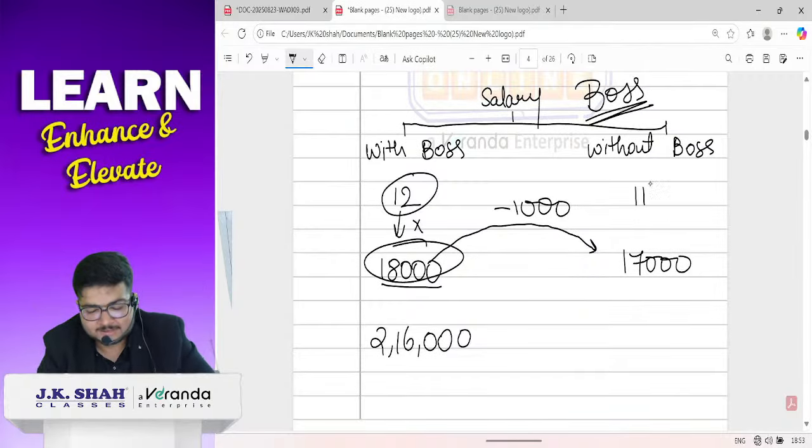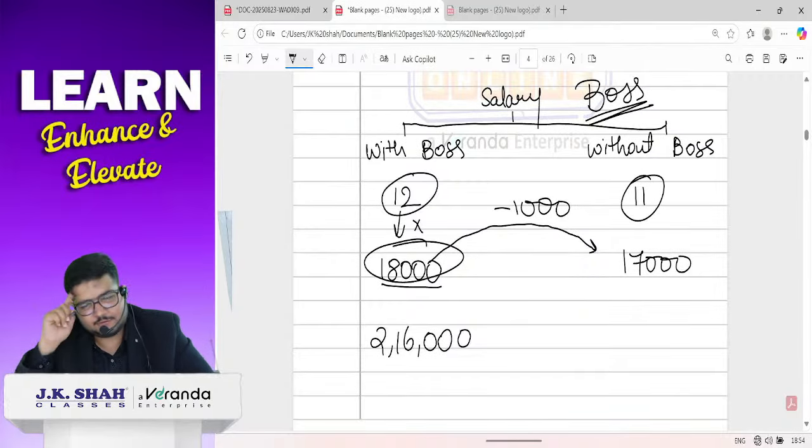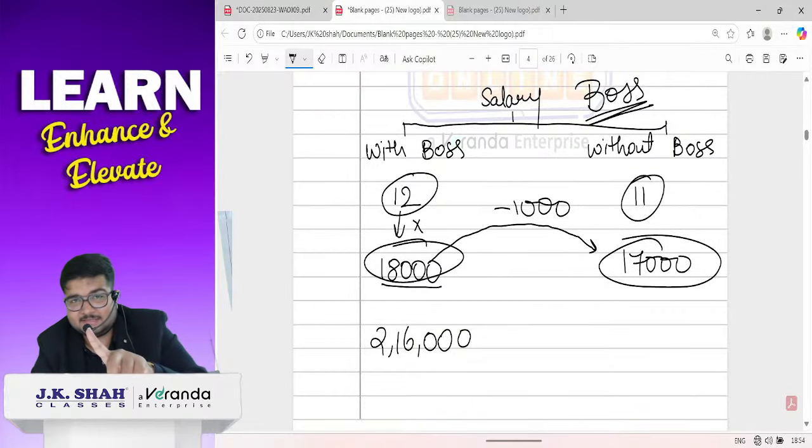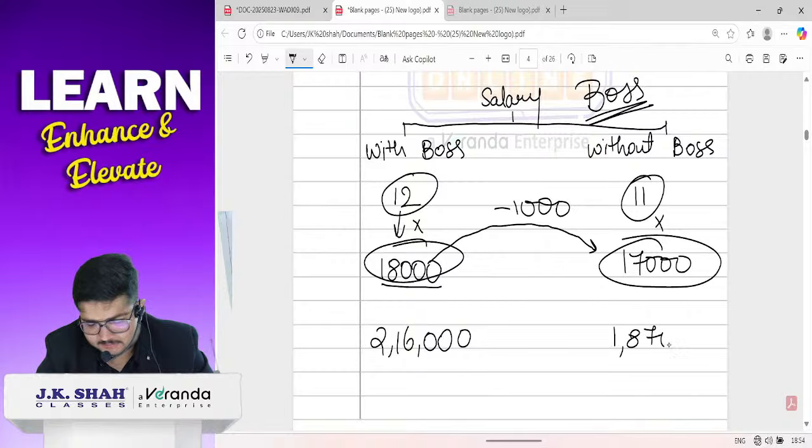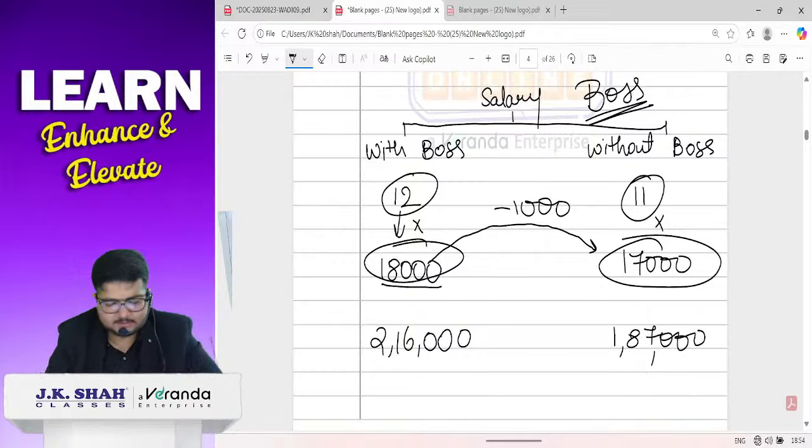Right. Now, tell me, the same calculation we are going to do here. There are 11 employees. The average of each employee is 17,000. That means each employee gets 17,000. So, what is the total salary of 11 employees combined? 11 into 17,000 is 1,87,000. Apply logic here. Here, the boss is there.